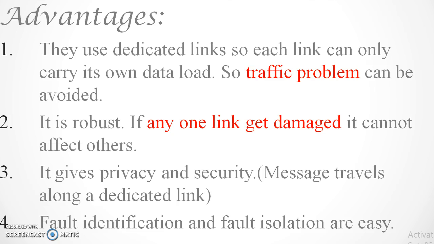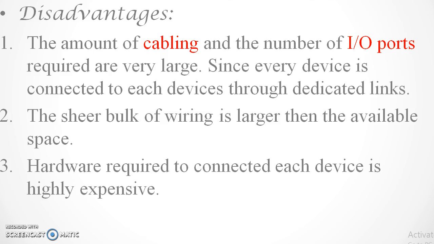This is another advantage. The third advantage is that it gives privacy and security because the message travels only along the dedicated link. The last one is that fault identification and fault isolation are very easy in case of mesh topology. So these are the advantages of mesh topology.